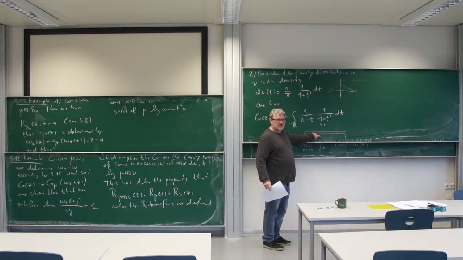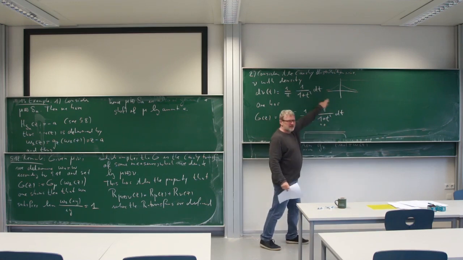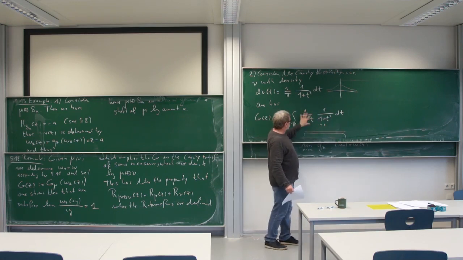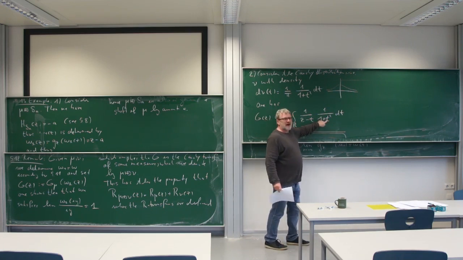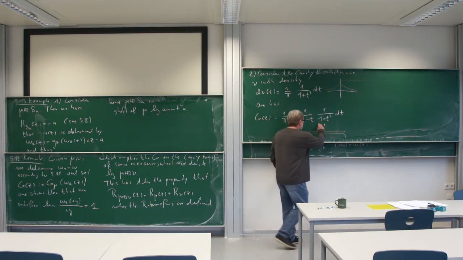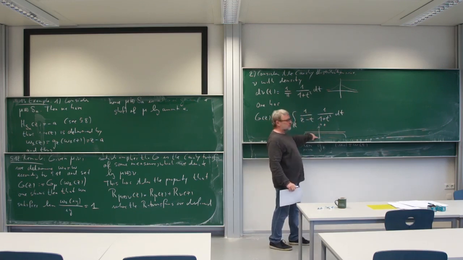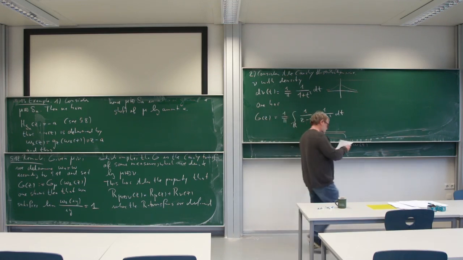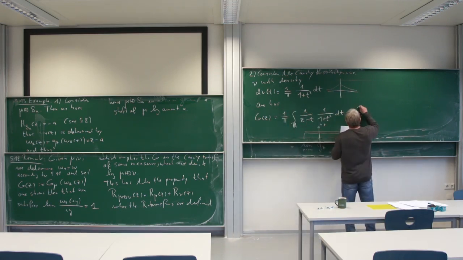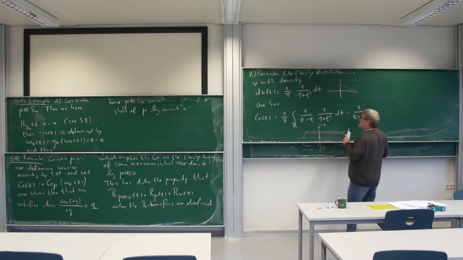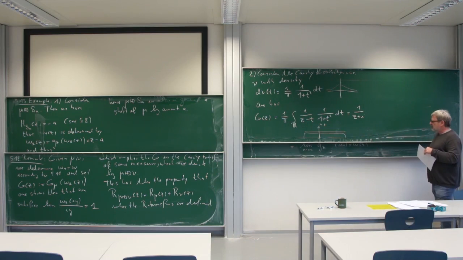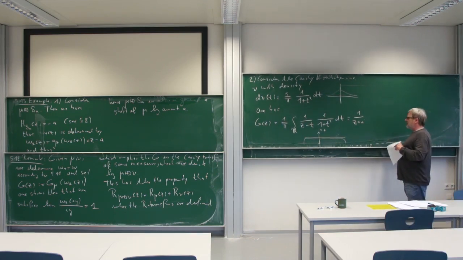That's why I went to the lower one, though of course you can also do the integral in the upper one. So z is not in the domain, so this term will not contribute. Then I have plus and minus i, and minus i is inside, so I have to calculate the residue of this function at minus i. And if I do this, I get 1 over z plus i. So we get a very simple and nice result.